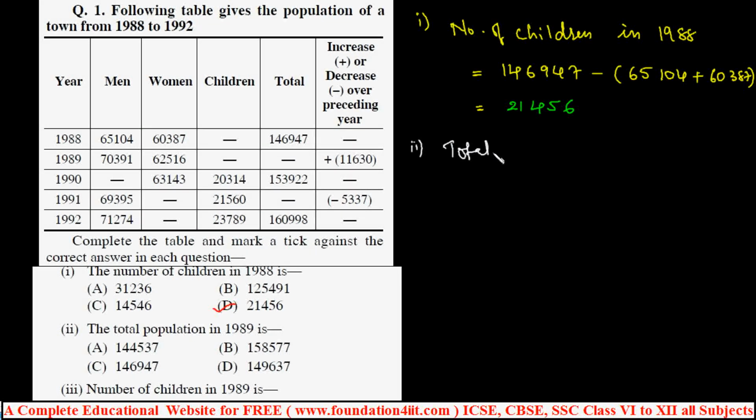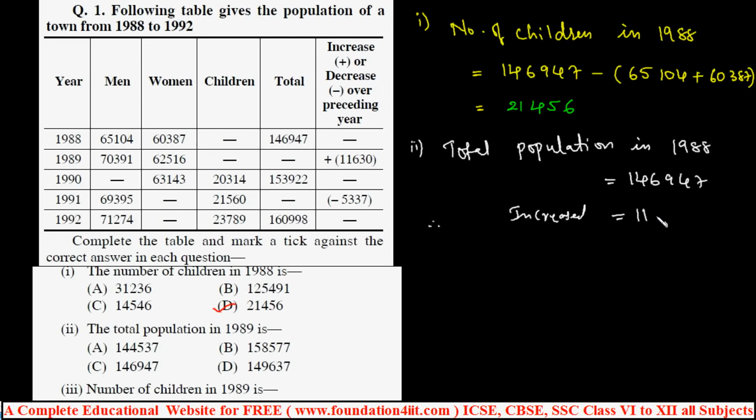The total population in 1988 we already know: 1,46,947. How much is increased for the next year is 11,630. The increase in population over the preceding year is 11,630, because of the plus symbol, so it is an increase. Minus means decreased compared to the previous year.